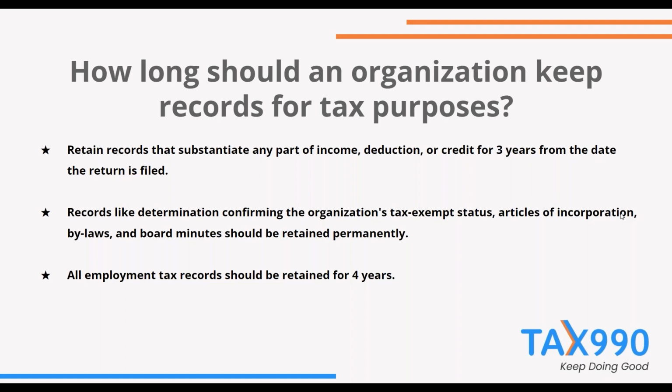In addition, certain records like determination letters, the organization's tax-exempt status, articles of incorporation, bylaws, and board member minutes, those all need to be retained permanently. And other than this, all employment tax records must be retained for at least 4 years. It's important to keep all of these documents on hand.